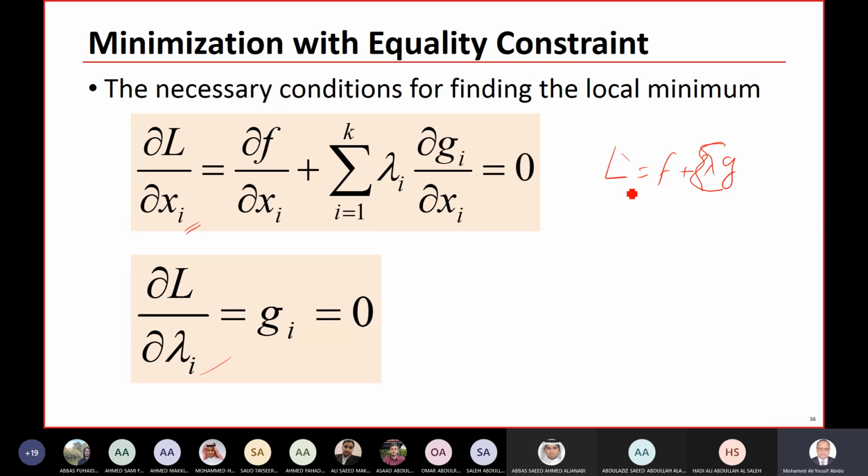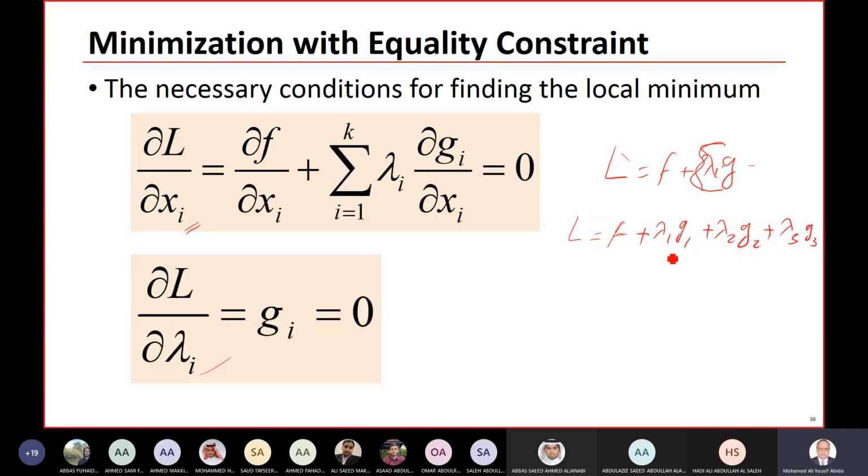Lambda i is different, or lambda 1 is different than lambda 2. If you have more than one constraint, it is lambda 1 G1 plus lambda 2 G2 plus lambda 3 G3.